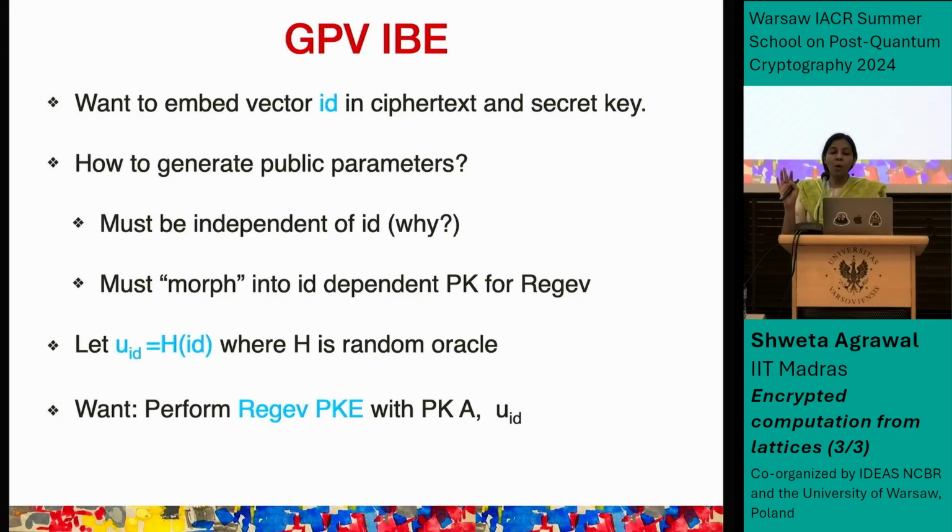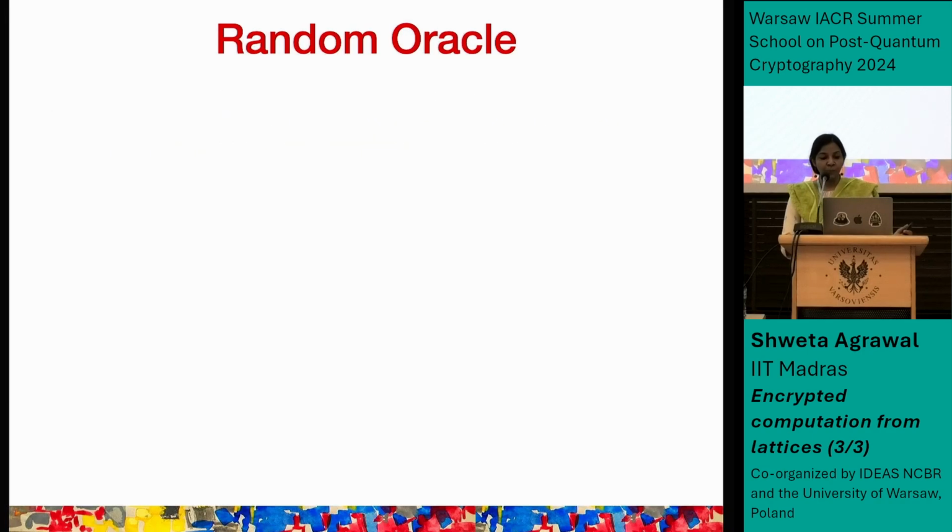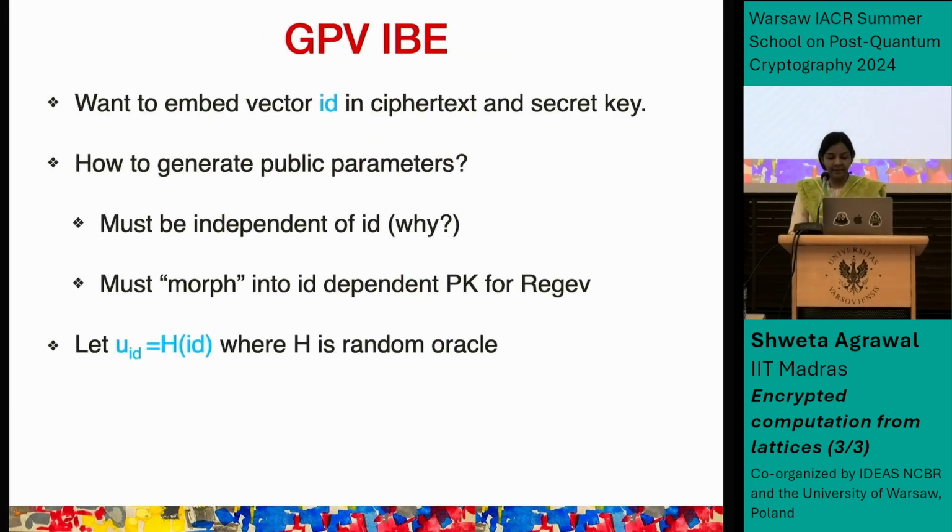So what we want to do is perform Regev's public key encryption scheme with these ID dependent parameters. That's going to be our basic template. And let's briefly look at the random oracle model in which this scheme is going to be secure. First of all, when I said let U_ID be H of ID, there are a bunch of assumptions I made.